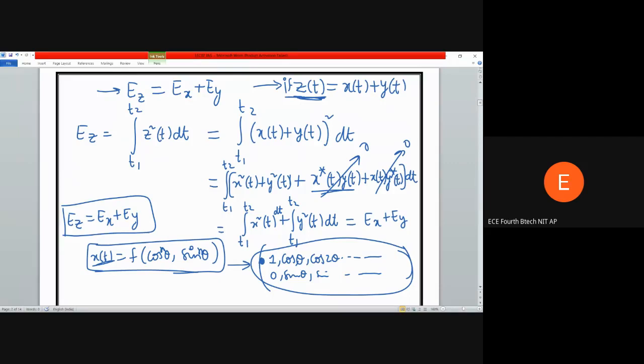Yes, cylindrical coordinates and spherical coordinates. These are the three different types of coordinate systems to represent any vector in free space. Likewise, to represent any signal, you can have so many representations.